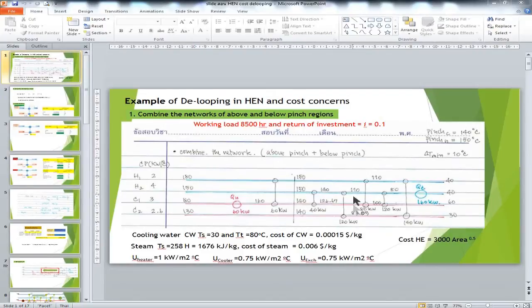Before we do the combination of these, we have to understand the following configuration, the following specification of this equation first. Of course, we would like to work out how much it costs for this system, I mean, all the network we have, including the utilities and also the heat exchangers we have in here.